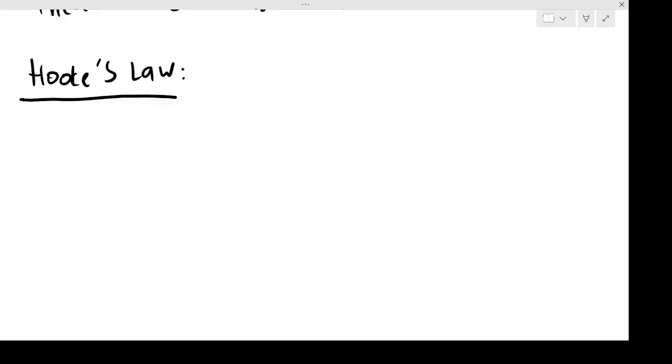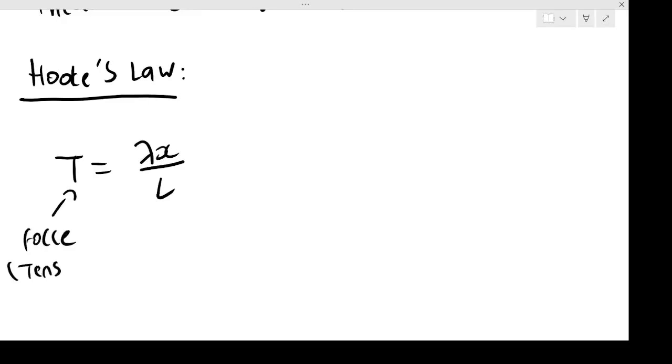It goes like this: the force in the string, T, is equal to lambda x over L. What does that mean? T is my force, so that's tension or thrust, and that's in newtons. Lambda here is what we call the modulus of elasticity.